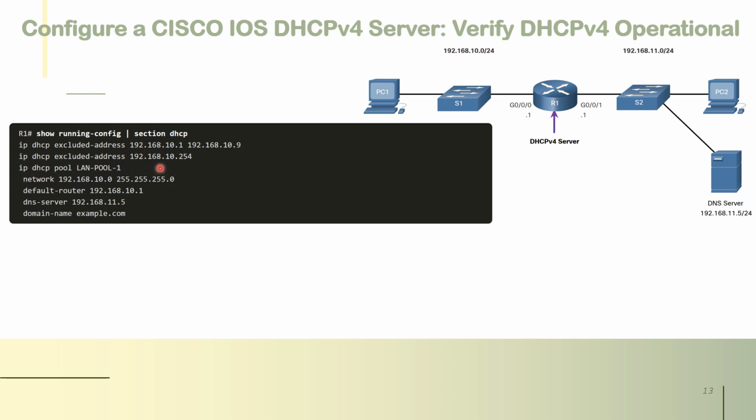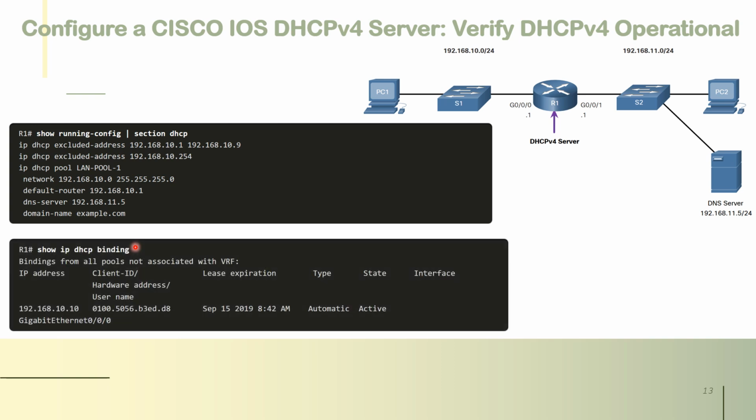We have excluded even this address, and we defined the pool name, we defined the range of IPv4 network addresses for the LAN network. We configured a default gateway where it's the IP of the router, and we configured the DNS server and a domain name.